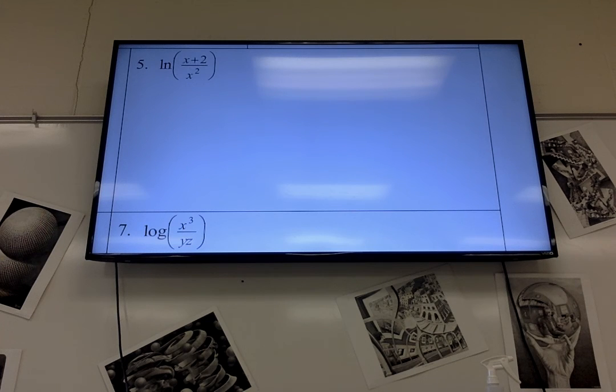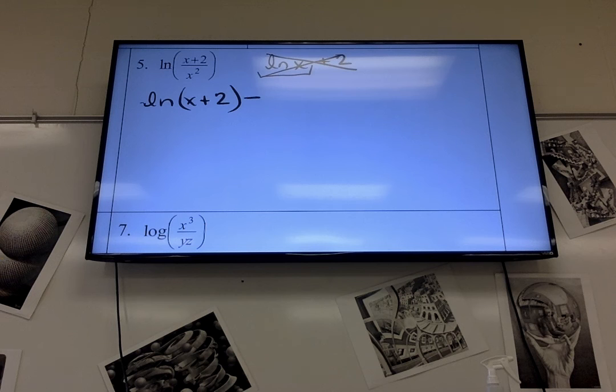Okay, so on top and bottom, actually, you're dividing here. So this becomes the natural log of x plus 2. And I'm putting that in parentheses because you're taking the natural log of that whole thing, so it's not confused with that. That means you're taking the natural log of x and then you're adding 2 to it. So those two are not the same.